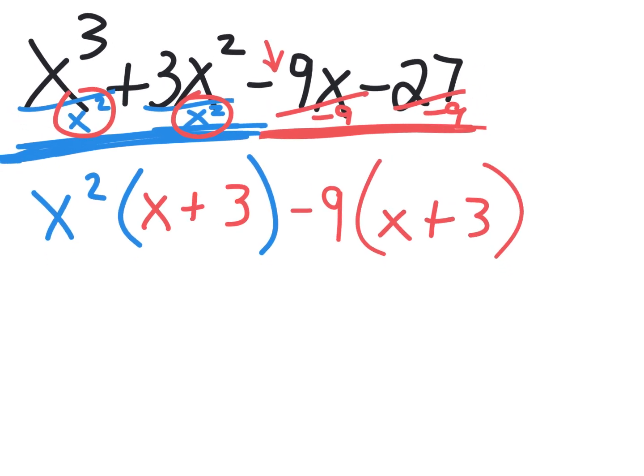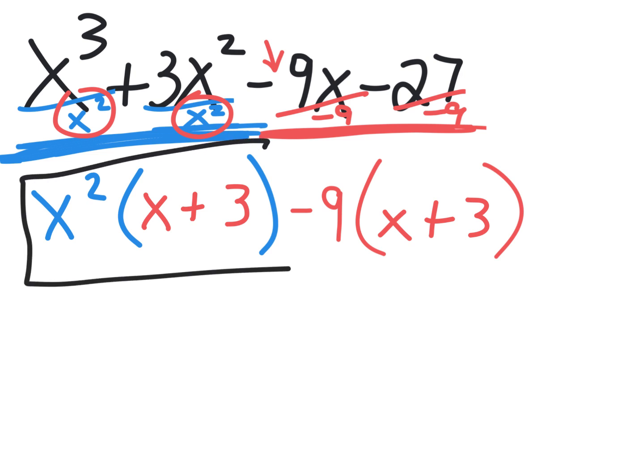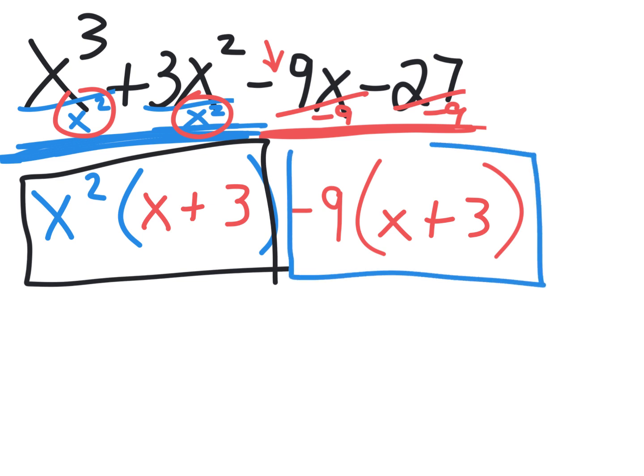Because now you should look at this as a big complicated term and this as a different big complicated term and say, what do they have in common as a common factor? What do they both have? x plus 3. That's what they both have. They both have a times x plus 3 in them.